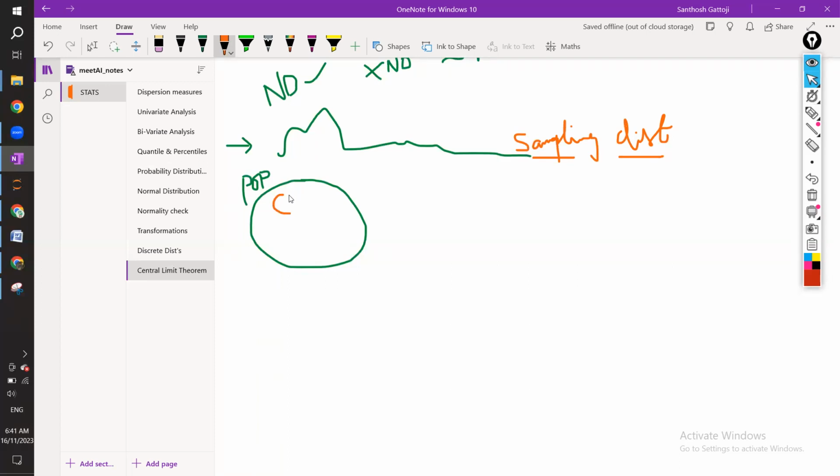You take one sample, this is sample one, sample two, sample three, and like that you took n samples. Now this became the sampling distribution, guys. You got a new data set. A distribution is a collection of data, so now you have new data. These are samples, different samples from the population.